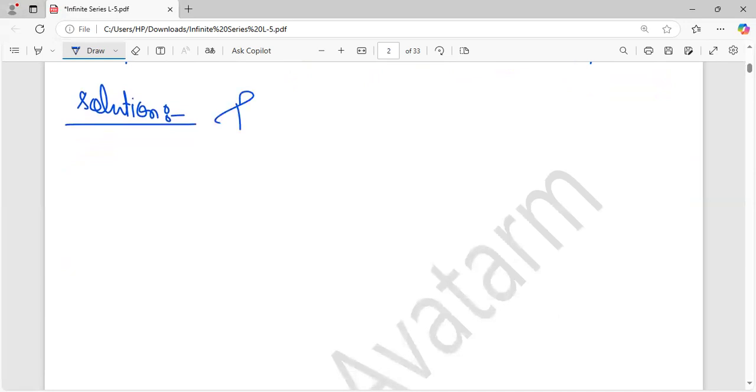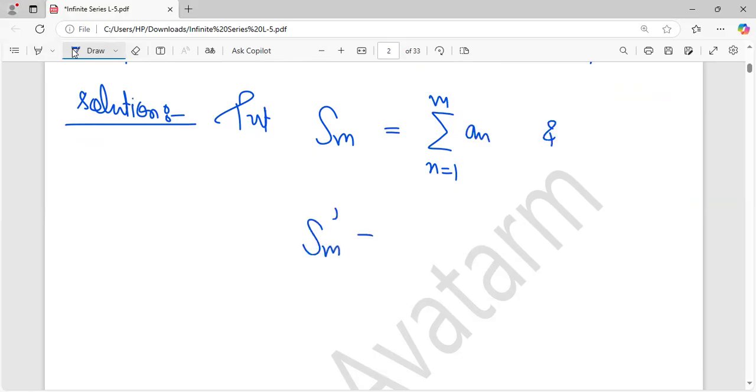So put Sm is equal to summation n goes from 1 to m a n, and Sm dash is equal to summation n goes from 1 to m k times a n. So actually what we are doing, we are taking the partial sum of both the given series.